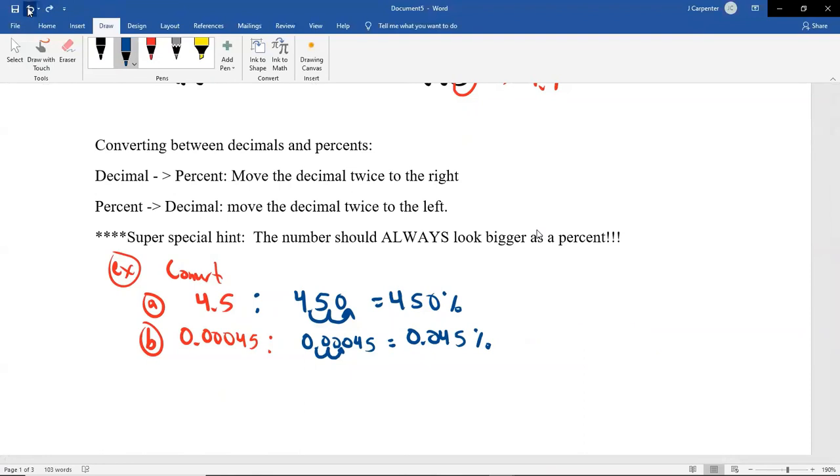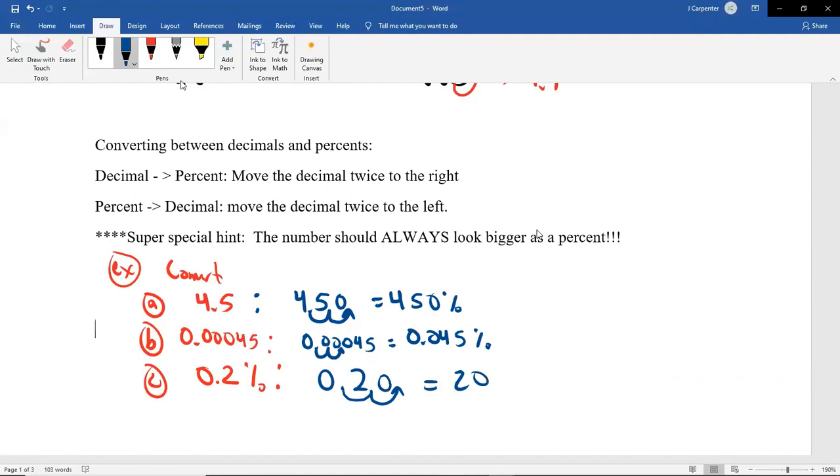Okay, these can look weirder. What if we had, say, 0.2%? So this is a percent, so we know we're going the other way. So we write the 0.2. You don't write the percent symbol anymore. And if you go twice to the right, let's see if this is going to be correct. Maybe it is, maybe it isn't. If I go twice to the right, that means we got a filler 0 and we get 20.